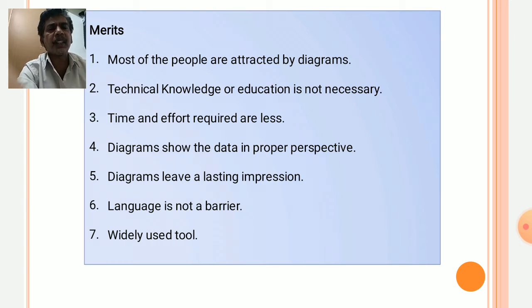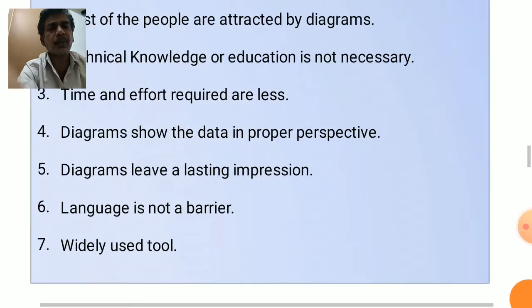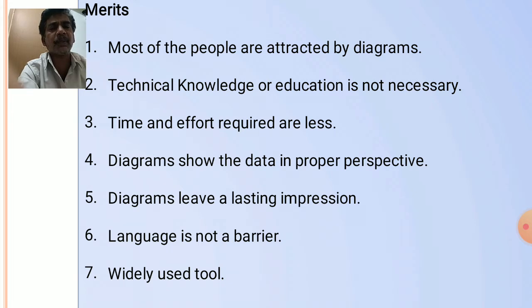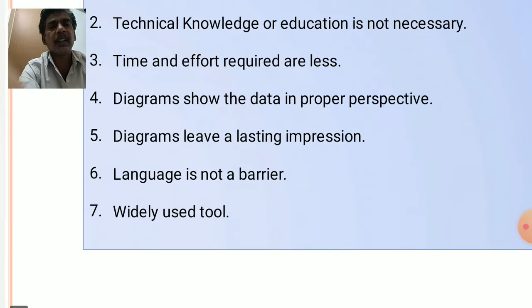Time and effort required are very less, and diagrams show the data in proper perspective, and diagrams leave a lasting impression, and language is not a barrier, and it is a widely used tool. So these are the various merits of the diagrams.